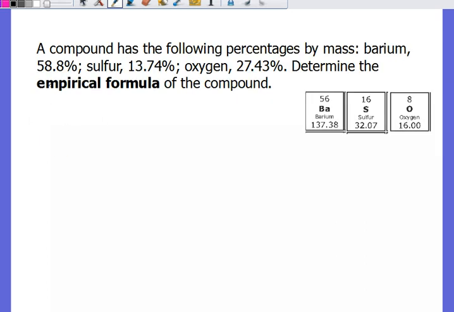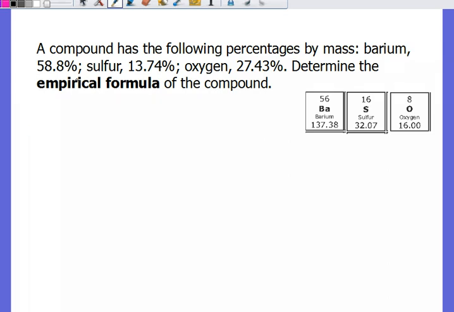Okay, on this one we have a percentage of 3 different elements given, and it wants us to determine the empirical formula for this compound. So you're looking at 3 elements, barium, sulfur, and oxygen, and it tells you the percentage of each one following its name. When you have these percentages, that's accounting for 100% of the mass contributed for the compound.